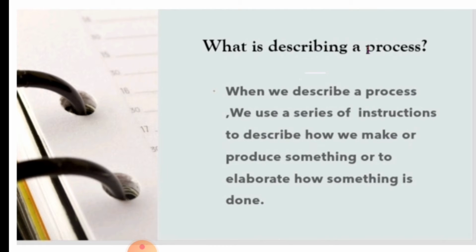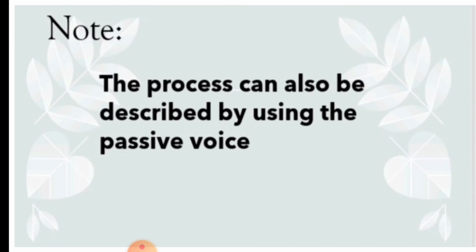So when we are going to produce something, we give instruction to the other person, or to elaborate how something is done. Say for example, covering a book or binding a book. So we give some sort of instructions, and these are all coming under the category of describing a process. Preparing an apple juice, that also comes under the category of describing a process.